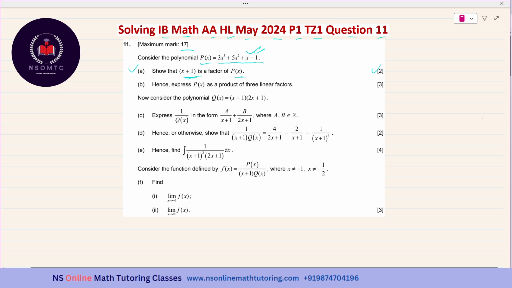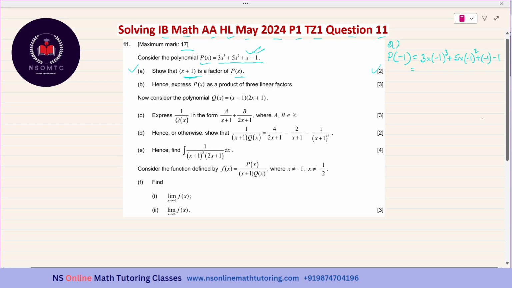Okay. So p of negative 1, this is the part A's answer, is equal to 3 times negative 1 to the power of 3 plus 5 times negative 1 to the power of 2 plus negative 1 minus 1.